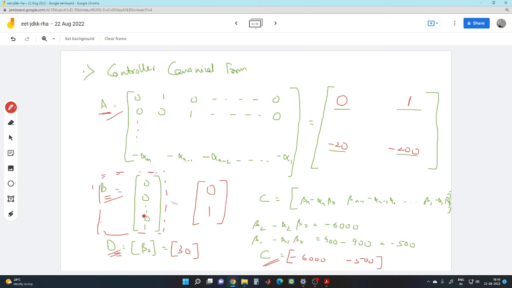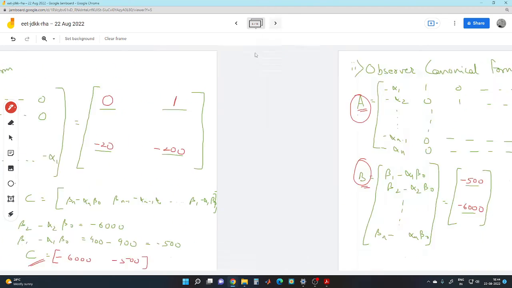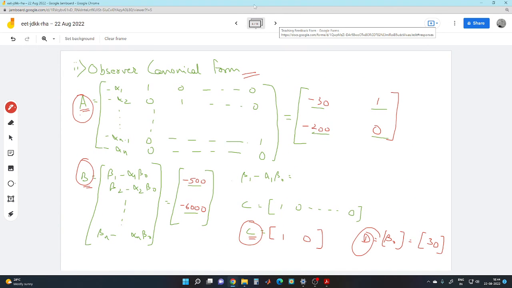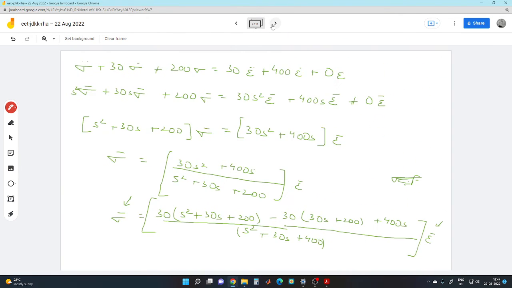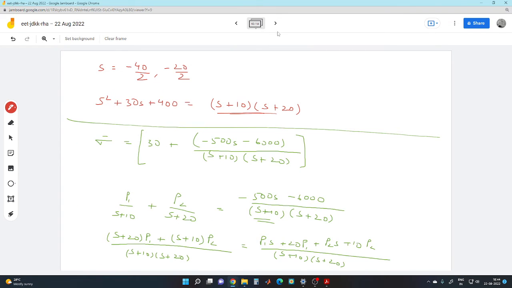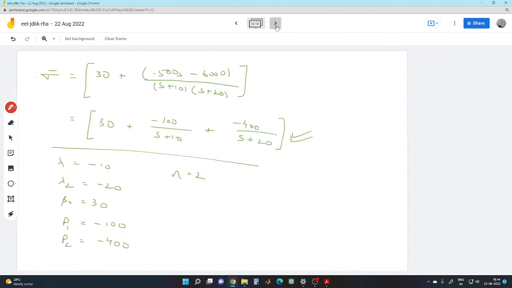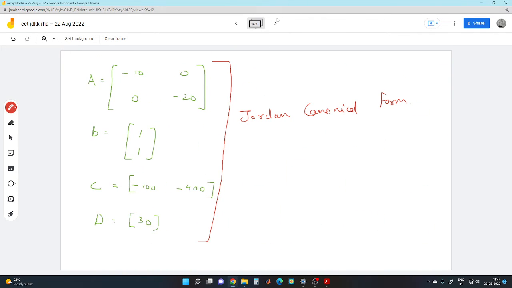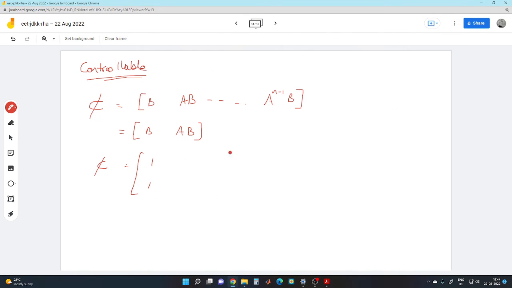B is relatively simple. In observer canonical form, C is relatively simple, but usually A is a little bit difficult to handle. So using the Jordan canonical form, these calculations become much easier. The initial calculation is a bit lengthy, but later on we can formulate much more easily.